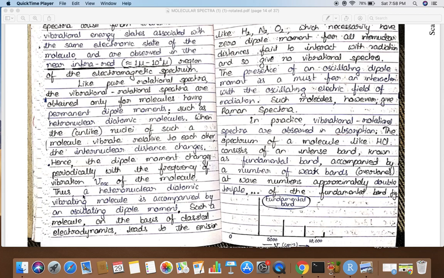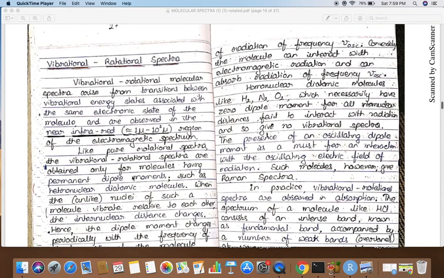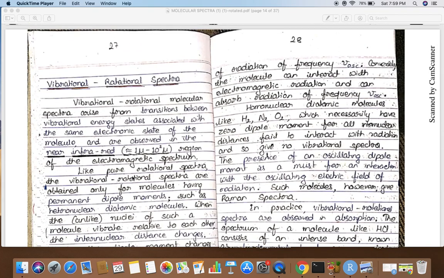Suppose nu oscillating is the frequency of the atoms of the molecule which are vibrating at their respective places. Once you have this permanent dipole moment, due to these vibrations, there is an oscillating dipole moment. Such a molecule, on the basis of classical electrodynamics, leads to the emission of radiation of frequency nu oscillation.